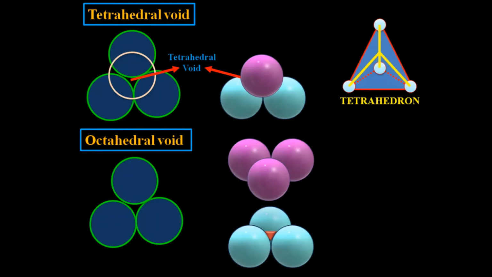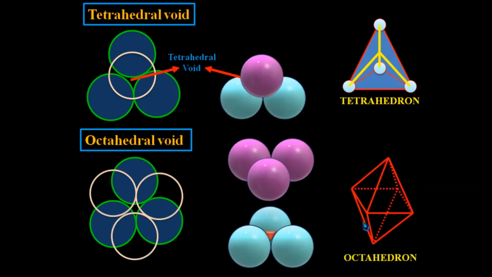This void is therefore surrounded by 6 spheres lying at the vertices of a regular octahedron, like this. 3 of the base layer and 3 of the second layer, and here a double triangular void is formed, which we call an octahedral void. In this octahedral void, the 6 spheres are present at the 6 corners of the regular octahedron. This is the octahedral void.